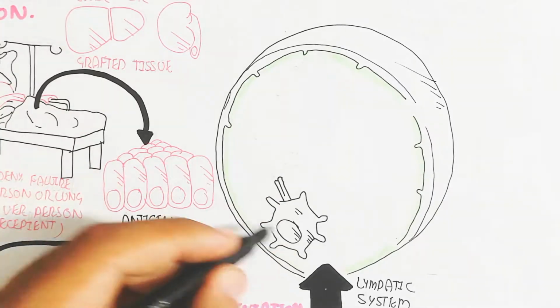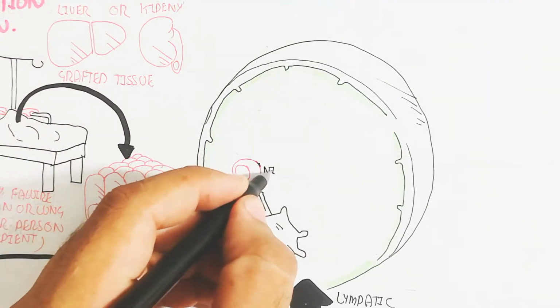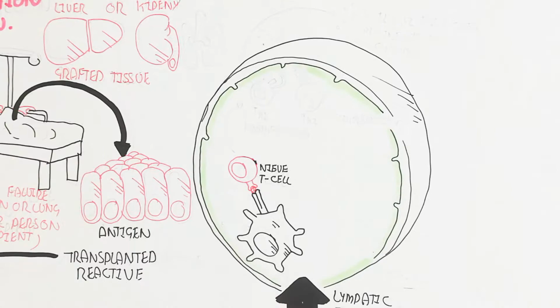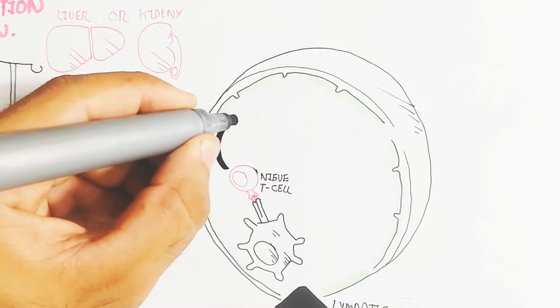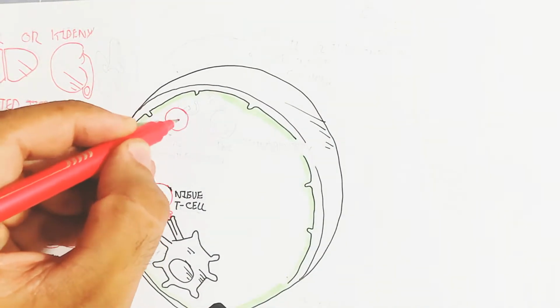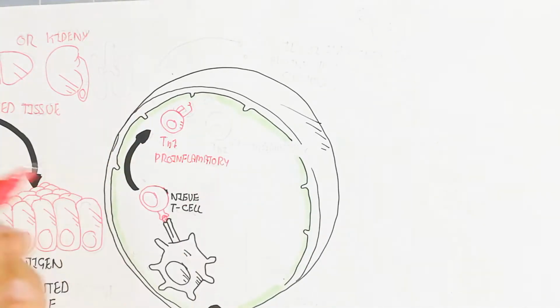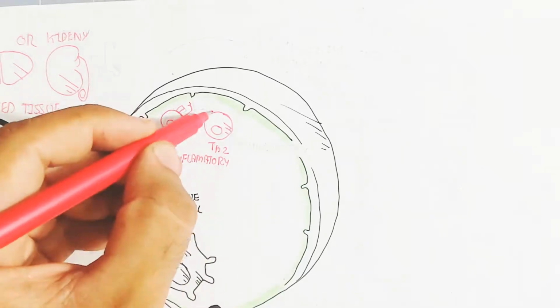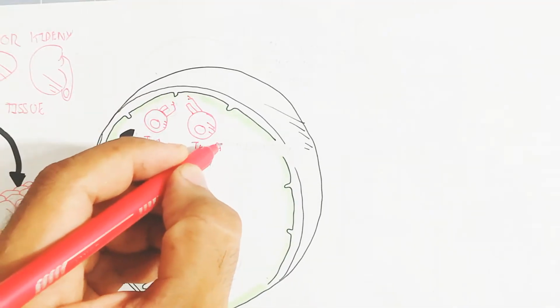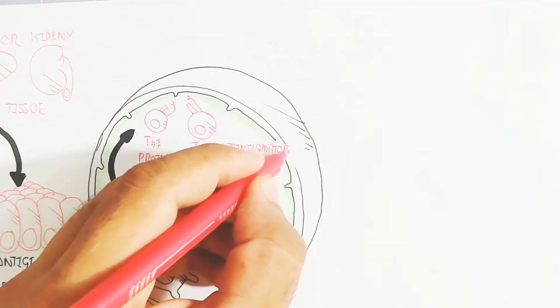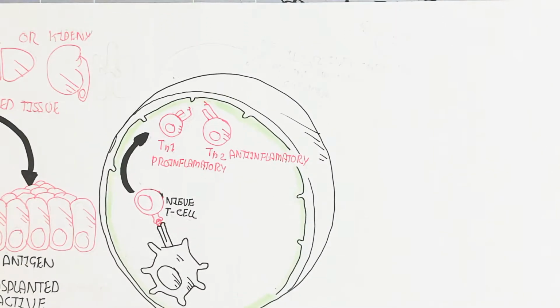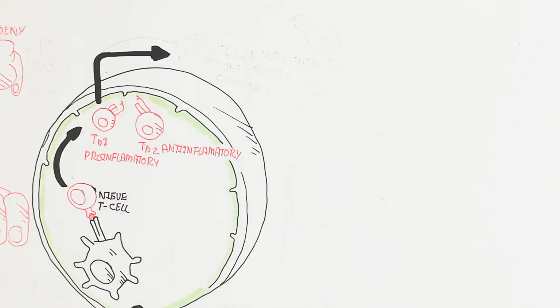Remember, the lymphatic system contains B cells and T cells. After this, the naive T cell recognized through the antigen presenting cell will proliferate into the T helper 1 cell, which is pro-inflammatory, and the T helper 2 cell, which is anti-inflammatory. Remember, the B cell is also present in the lymphatic system, but we will discuss it later in this video.